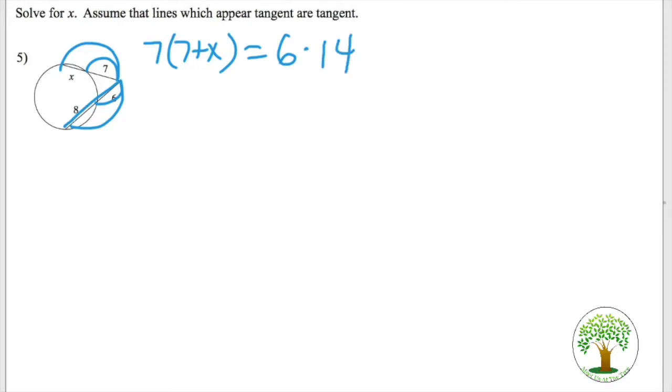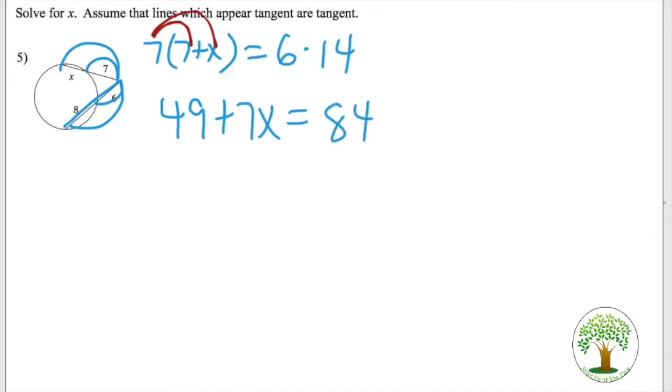Again, I want to challenge you to pause this, come back when you're done, and check your answer. We're going to do the distributive property here, and I'm going to get 49 plus 7x equals 84. I'm going to subtract that 49 over.